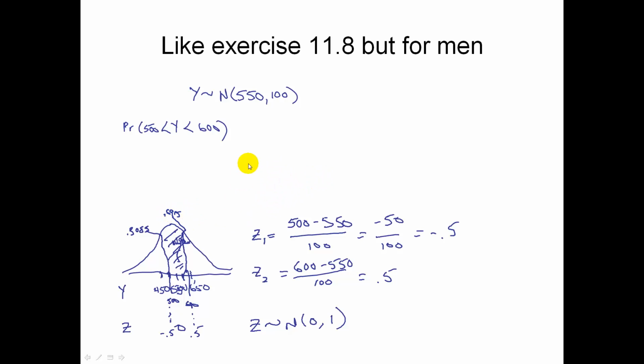So using that trick I introduced at the last lecture, this value is going to be equal to the area to the left of the higher value minus the area under the curve to the left of the lower value. And that gives us 0.3830, or 38.3%. So the answer to the question, what percentage of men have a bladder capacity between 500 and 600 cc's, is 38.3%.